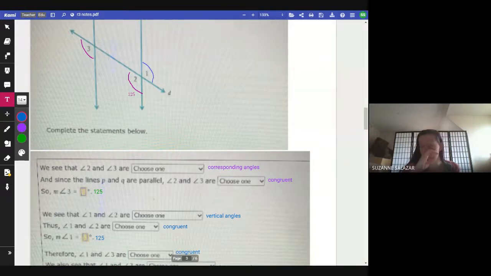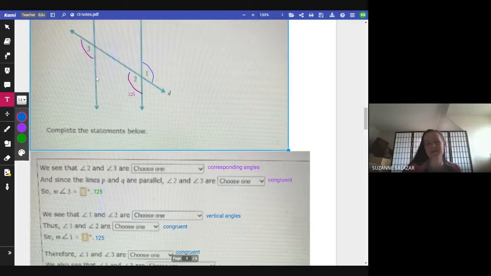Some versions of it will take same side interior angles being supplementary as your given basis, because I think that's one of the definitions of parallel lines. But it makes the proofs a lot more annoying. It's a lot easier to work with the congruences.